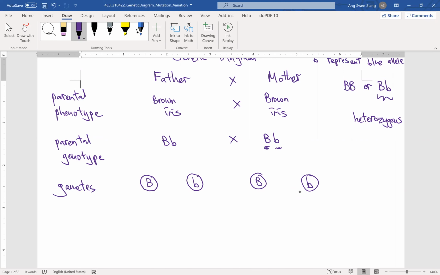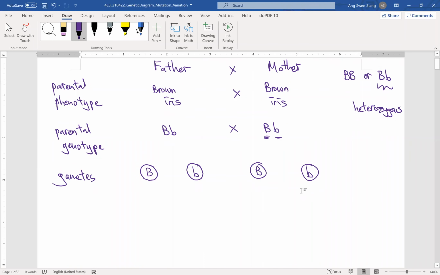When I say some, it can be 50% of the egg will be dominant allele, 50% of the egg will be recessive allele. Then 50% of the sperm will be dominant allele, 50% of the sperm will be recessive allele, because the genotype of the parents is heterozygous.